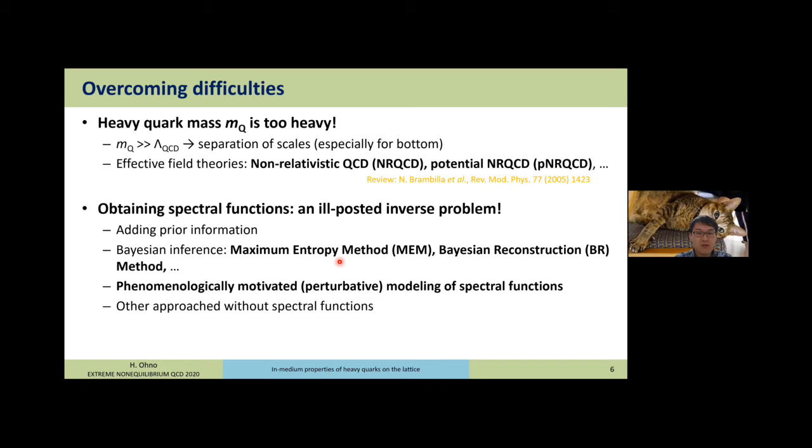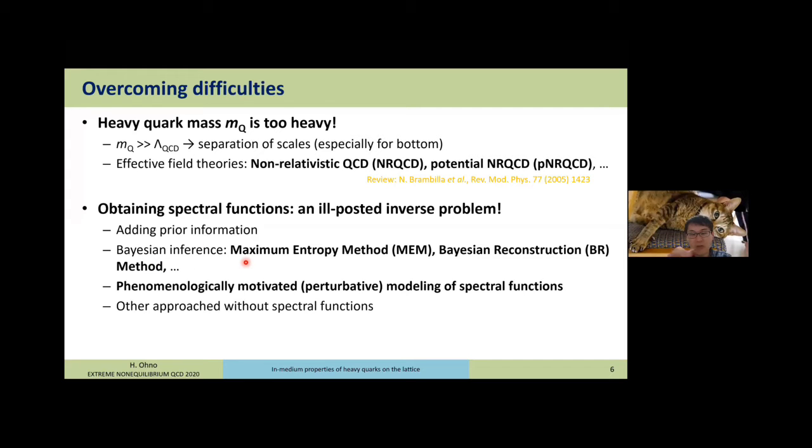Maybe the most commonly used method of this kind is the so-called maximum entropy method, or MEM in short. Recently there is also a new kind of Bayesian method called the Bayesian reconstruction method, or BR method, and there are also many other similar methods.